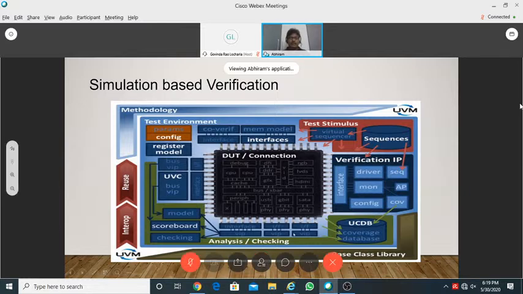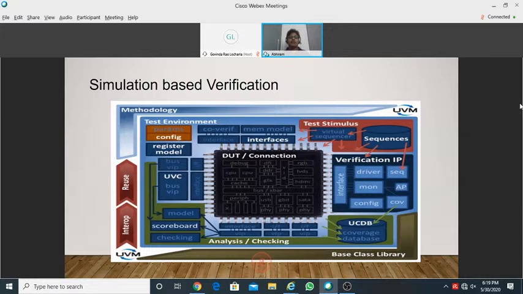Once you integrate, you drive the corresponding stimulus into the design. Now your design or your SOC is able to process the data, and it sends out the data after it has processed. Now, how do I know that it is processing correctly? So you connect all the outputs through another component that would typically be called a scoreboard or a checker.